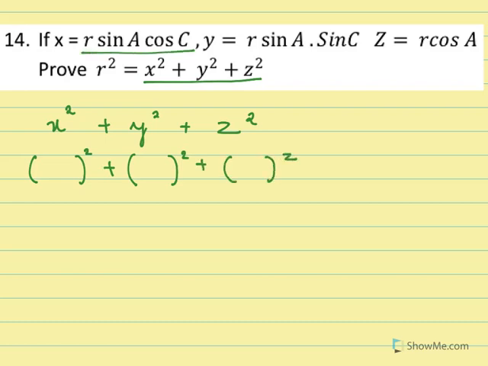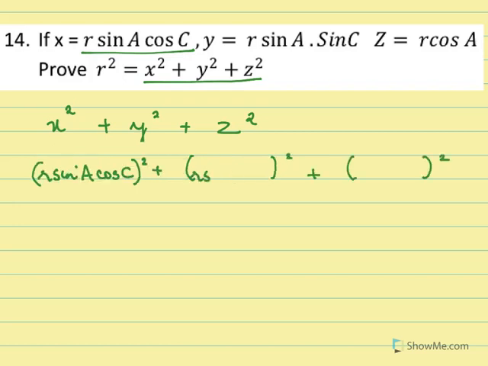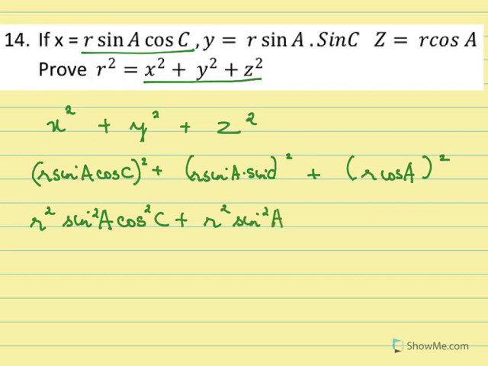So we saw x square, here we get r sine a cos c, y we know is r sine a sine c, and this is r cos a. Open the bracket, r square sine square a cos square c, open the bracket here, r square sine square a sine square c, r square cos square a.